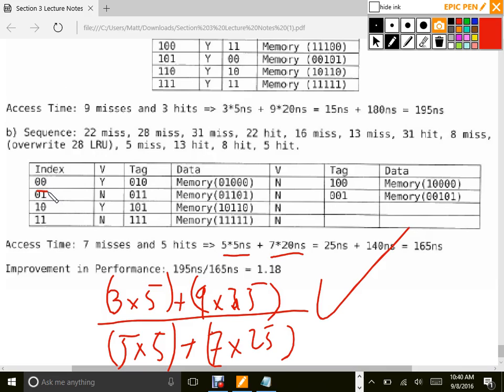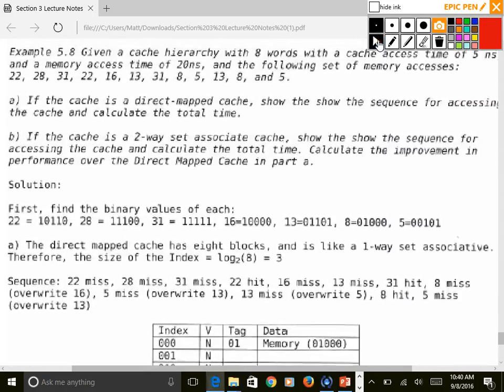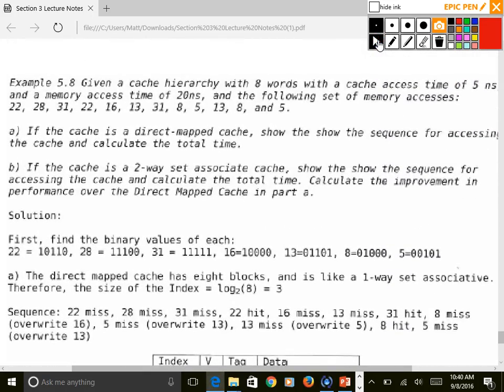I've done this before, and I found some weird combination where you can do 1, 0, 1, 1, 0, 0, 0, 1, 0, 0, something that screws up two-way set associative but doesn't necessarily screw up direct associativity. But in this type of question, I will be this explicit on the exam. Calculate the improvement of performance over the direct map cache. So that means if you get a better time for a direct map cache, your calculation is wrong.